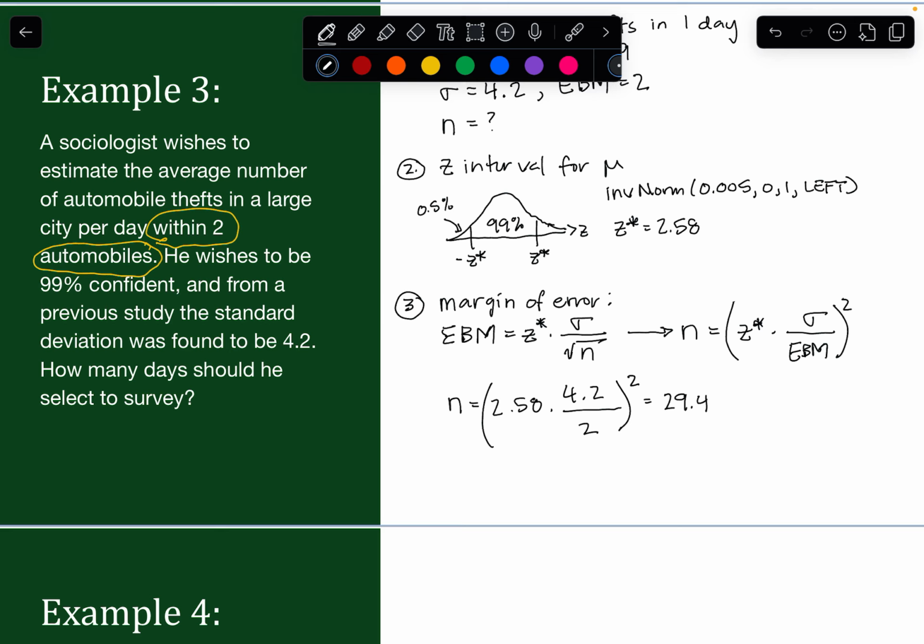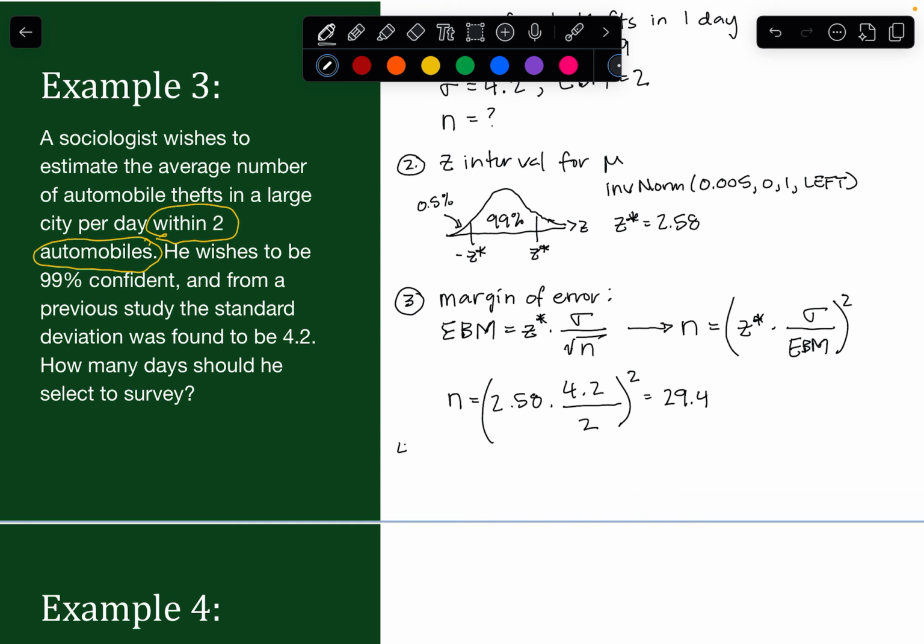So this is generally rounded up to the nearest whole number. So when I write my conclusion, I'm going to say he should select, because that's what I was asked here, how many days should he survey? He should select 30 days to survey.